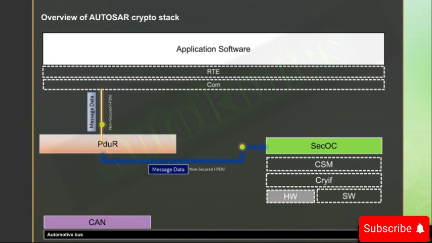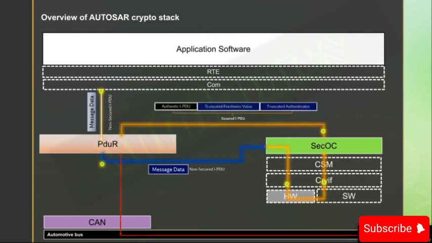And the Cry module will apply the actual algorithm. For example, it can be symmetric or asymmetric, and it sends the secured data back to SecOC again. Then in SecOC, a freshness value is added, which we will discuss much deeper in the next slides. Then from SecOC, the secured IPDU is formed.